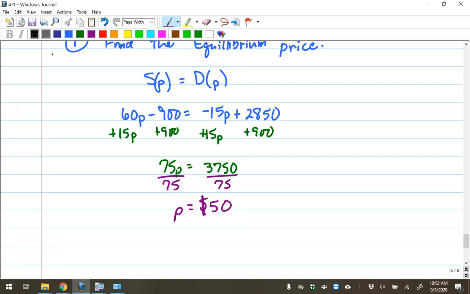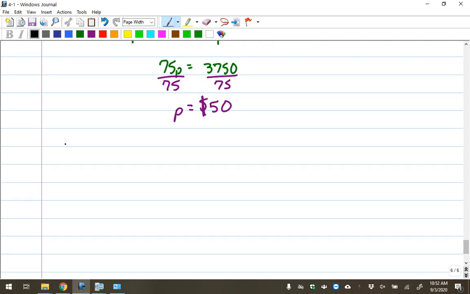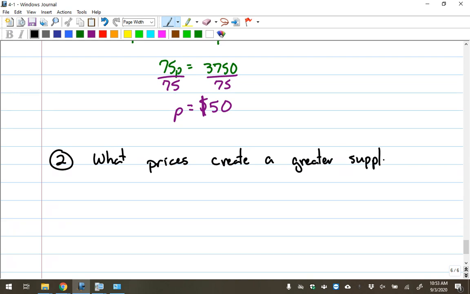Now, question 2 from the same scenario is, what prices create a greater supply than demand? What prices create a greater supply than a demand?